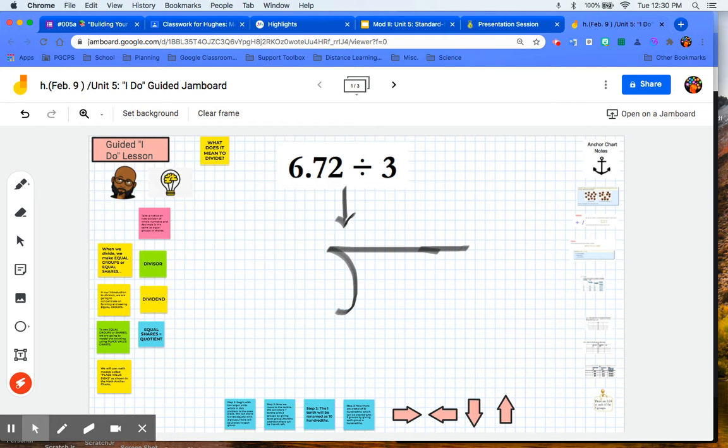If I rewrite it with the division bar, 6 and 72 hundredths would go inside the division bar, and the 3 would be outside of it, but I would read it the same way: 6 and 72 hundredths divided by 3.